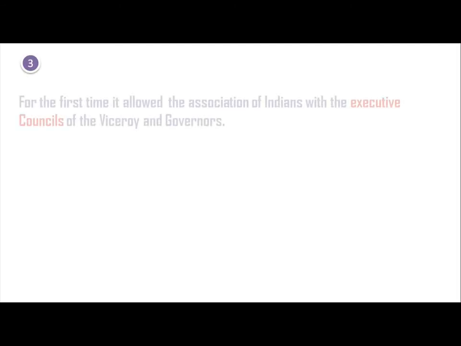Moving on to the fourth feature here. For the first time, it allowed the Association of Indians with the Executive Council of the Viceroy. See, remember here, the involvement of the Indians in the Legislative Council was done during the first Indian Council Act.